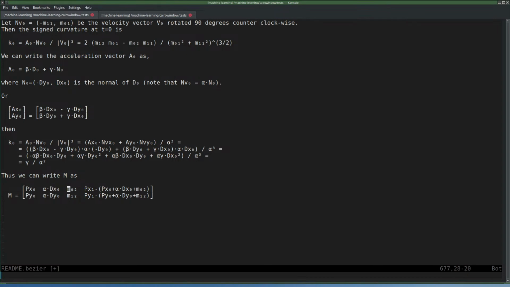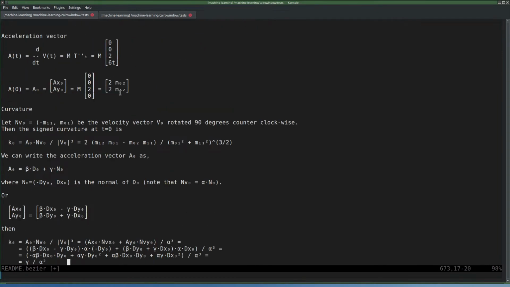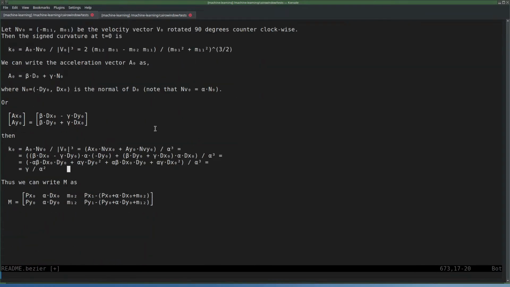Now I have my acceleration vector, which is equal to 2 times this. So that is the acceleration vector divided by 2.